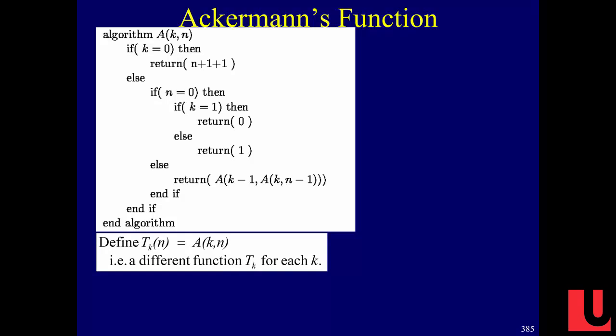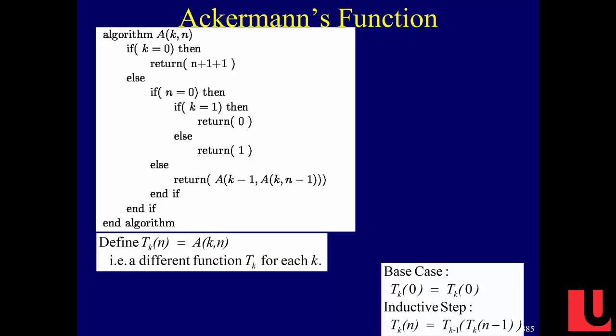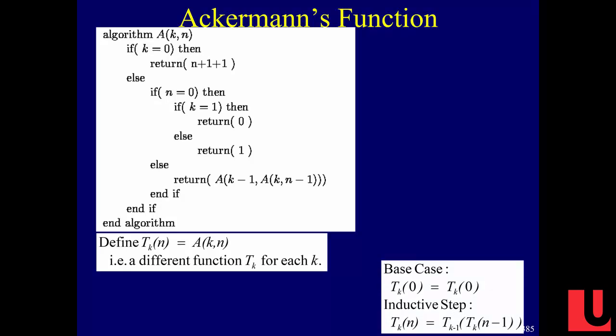Let's first say Ackermann's function. Let's break it down into levels. So we're going to say we have each k, we're going to have a function of n, right? And then if you kind of see what it's doing, there's a base case, and otherwise what's tk of n? Well, you take tk of n minus 1, so that's a recursion, and your friend gives you this, and then you apply tk minus 1 to it.